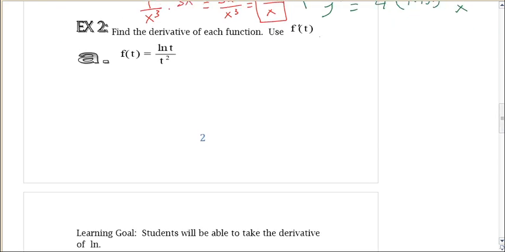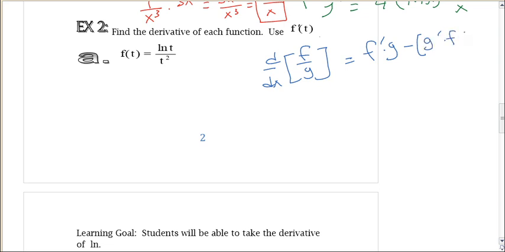Okay, let me grab Mr. Blue again. Looks like I have a little bit of quotient rule. If you don't recall what quotient rule's formula looked like, it's f divided by g. And if we take the first derivative, we get the derivative of the top, f prime, times the bottom, minus grouping symbol, derivative of the bottom, times the top, all over the bottom squared.